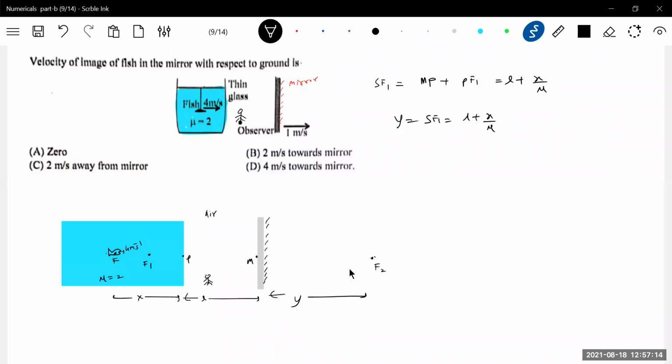Now the mirror is also moving, no? Let's see that.